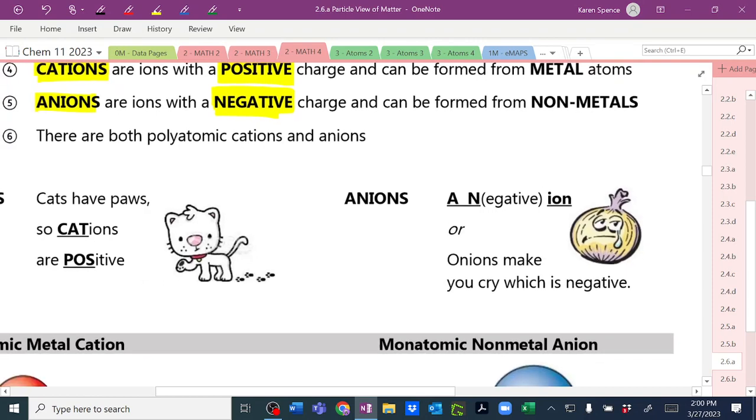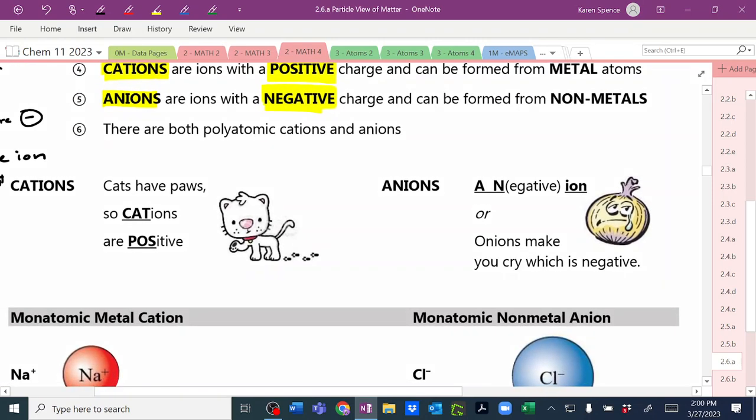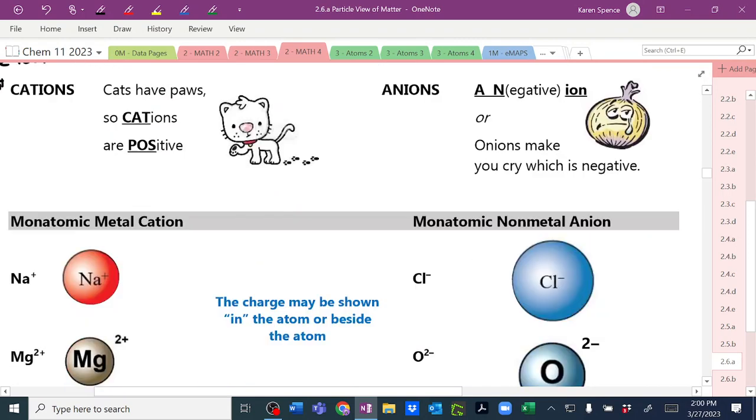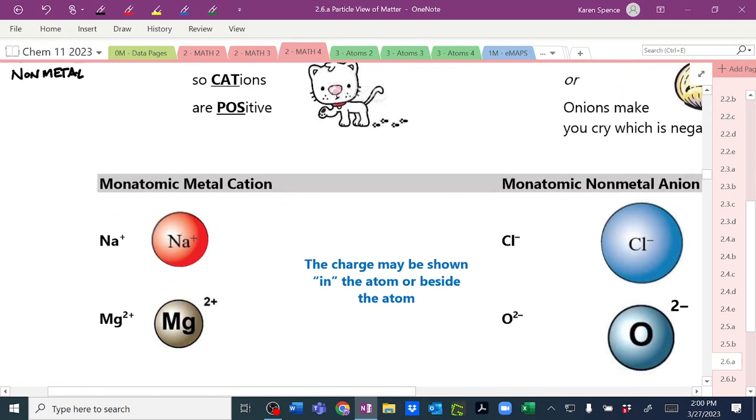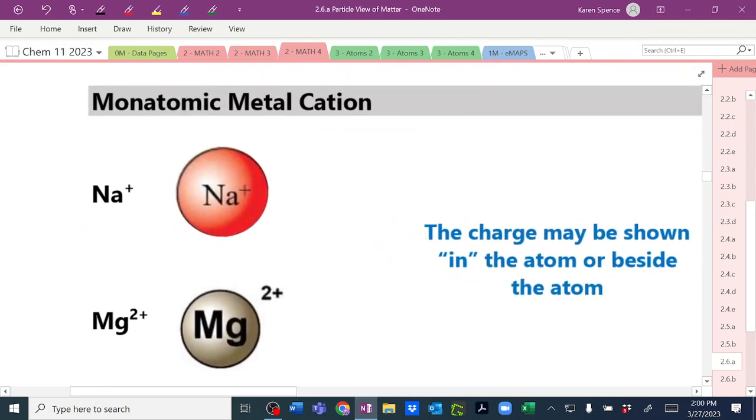So there we go. Now, when we're going to draw a picture of a cation, what is it about these pictures that makes them different from atoms? Tell your partner.